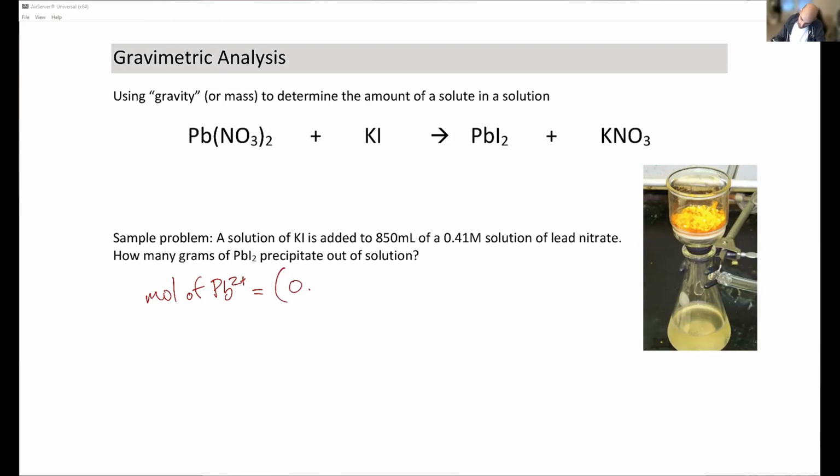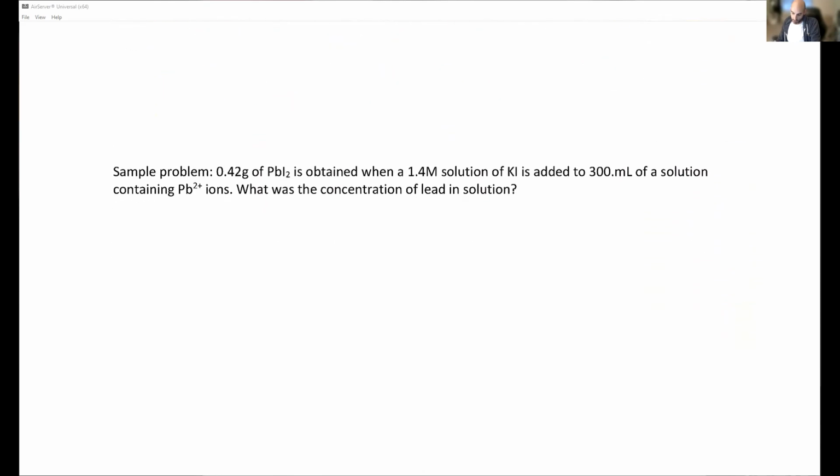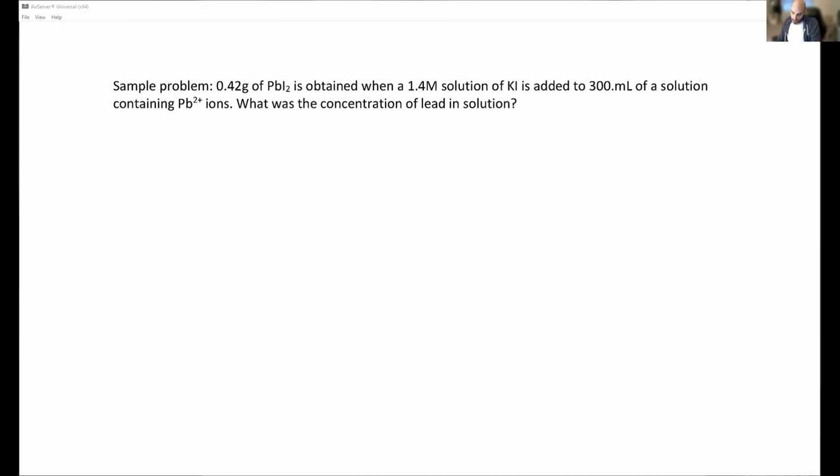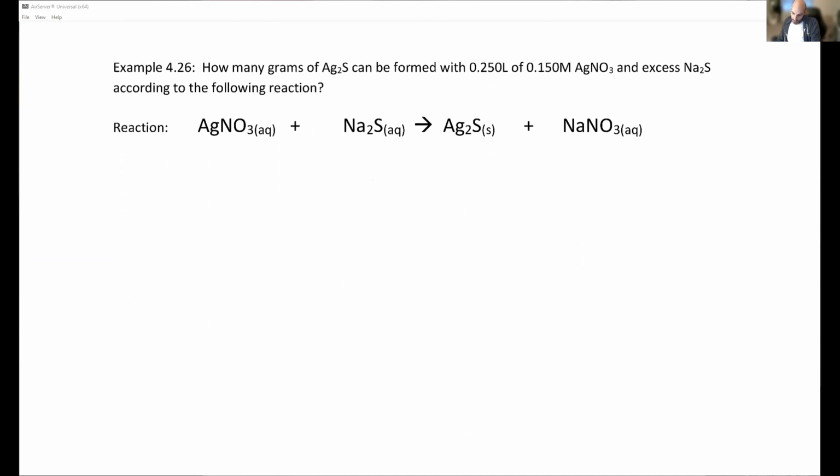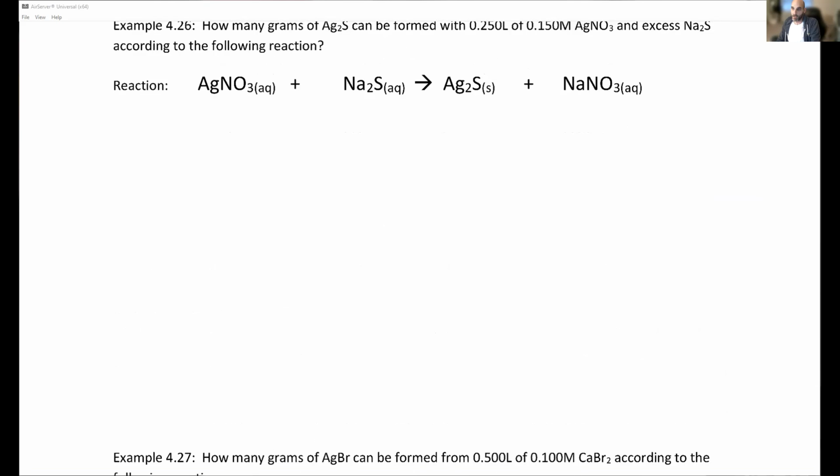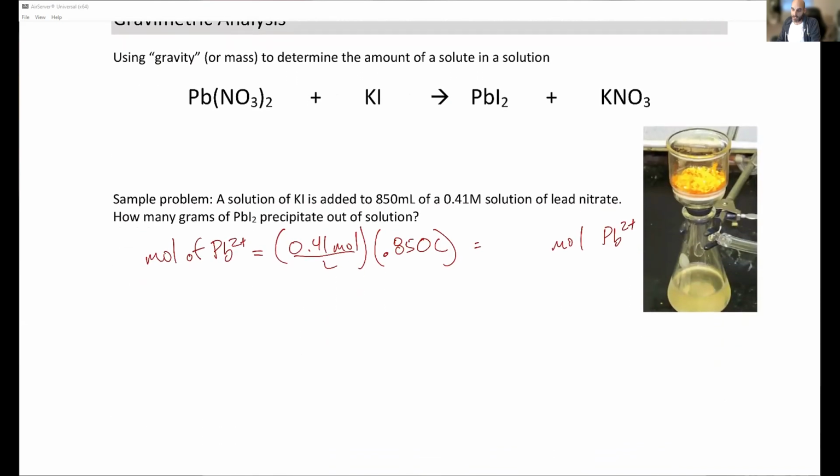The concentration of 0.41 moles per liter, that's molarity, times 0.850 liters, gives you moles of, in this case, lead 2+. And you can use that from there to figure out how many grams of lead iodide you have. Then the same kind of question applies here and here and here. We're going to do these in class, but that's the essential idea.